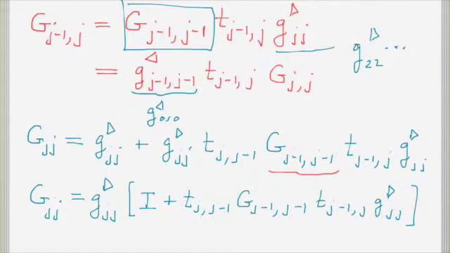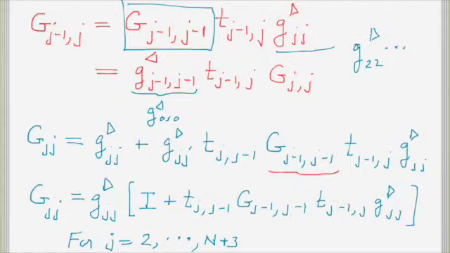I already have G11, for J equals 2 through, what was my numbering system here? Through n plus 3. So I get my exact diagonal Green function for all layers 2 through n plus 3.